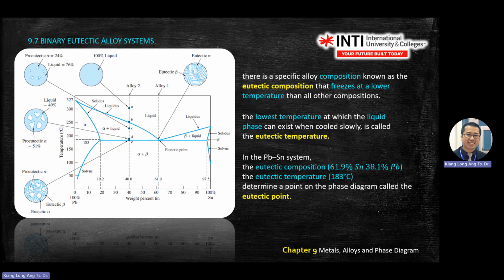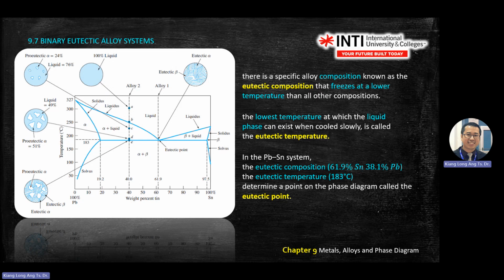So we call it the eutectic point. The eutectic point is the point where alpha and beta form, and that is the lowest temperature it can go. The lowest temperature of what? It is the lowest temperature that freezes, lower compared to other compositions. So as you can see here, you see liquid, right?